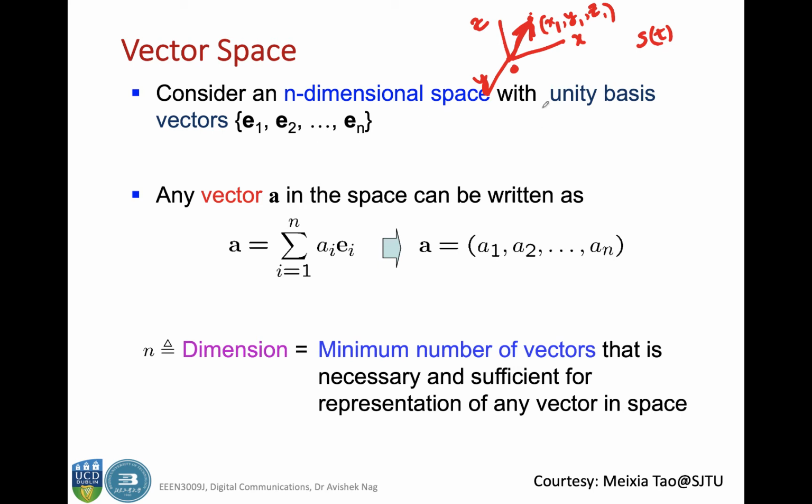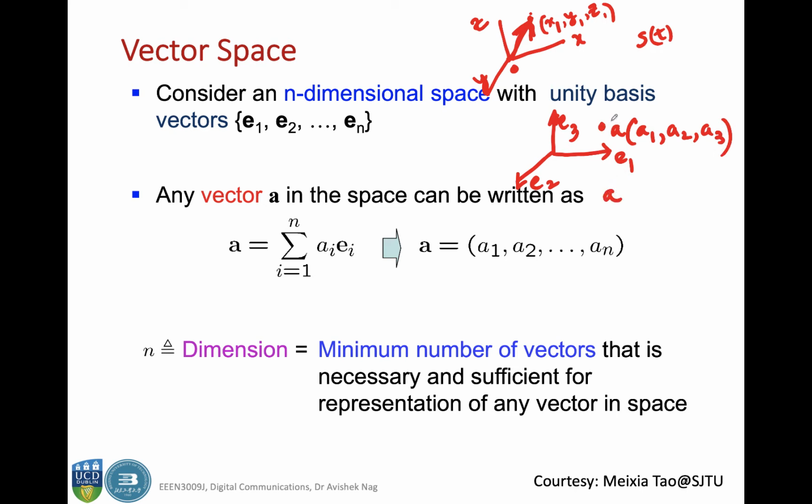It's difficult to draw an n-dimensional space, but certainly I can draw a three-dimensional space. So let's say this is a three-dimensional space with three unity basis vectors, let's say e1, e2, and e3. So these are the different unit vectors, and then we can define any vector in this space, let's say A, and that can have three dimensions, A1, A2, A3.